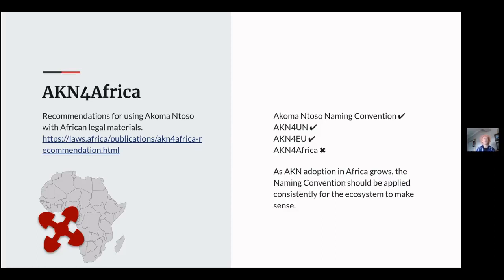But there was no AKN for Africa, so we wrote that because it didn't exist. We do think that it's important that as adoption grows in Africa, the naming convention should be applied as consistently as possible so that we can reference and dereference each other's documents with a fairly high accuracy.